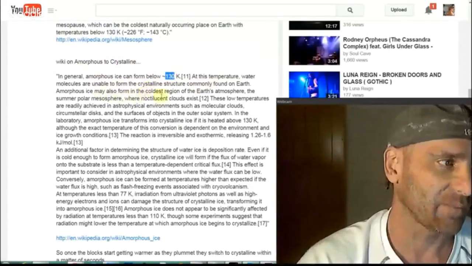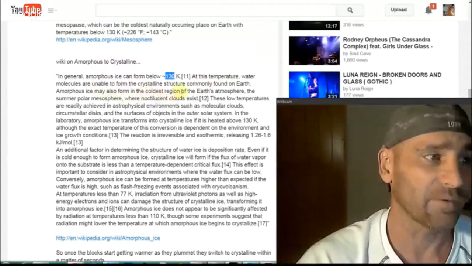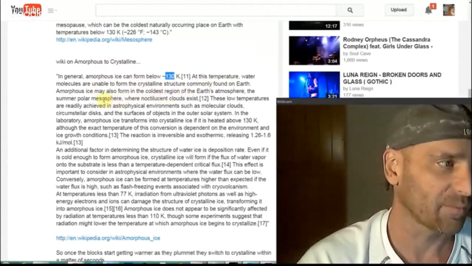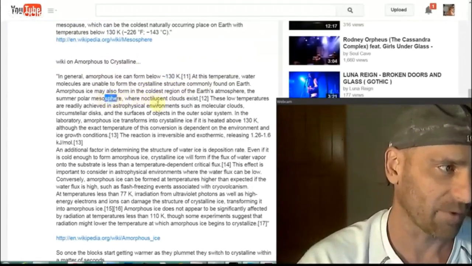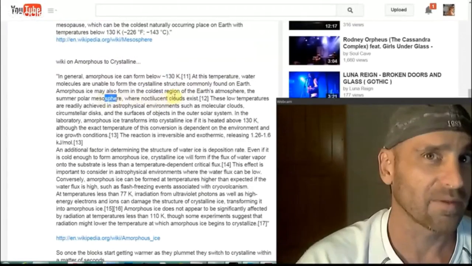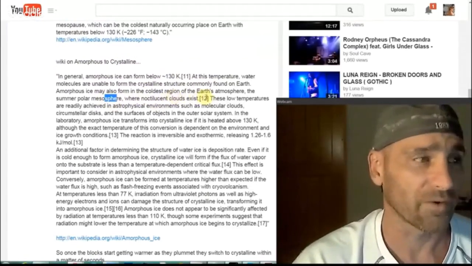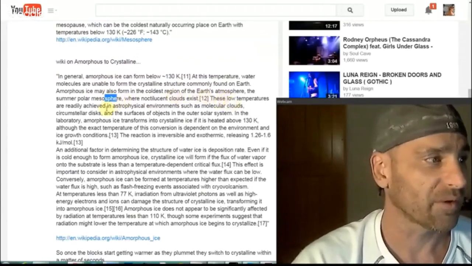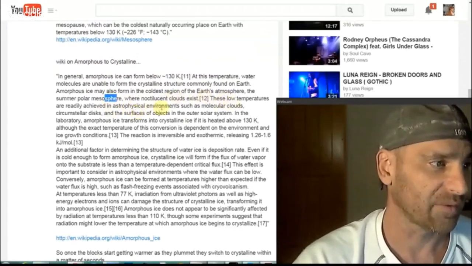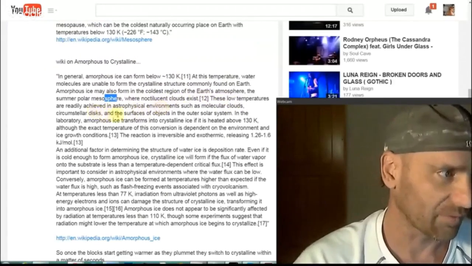Amorphous ice may also form in the coldest regions of the Earth's atmosphere, the summer polar mesosphere, where noctilucent clouds exist. That's actually volcanic ash remnants, but I'm sure there's ice there too. These low temperatures are readily achieved in astrophysical environments such as molecular clouds and circumstellar disks.